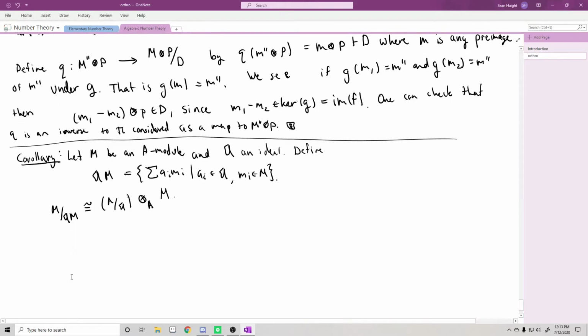Okay. So we're going to consider an exact sequence of A modules: zero, this ideal is going to embed into A, and then I can take the quotient A mod A, to 0. So notice that we've got a right exact sequence here.